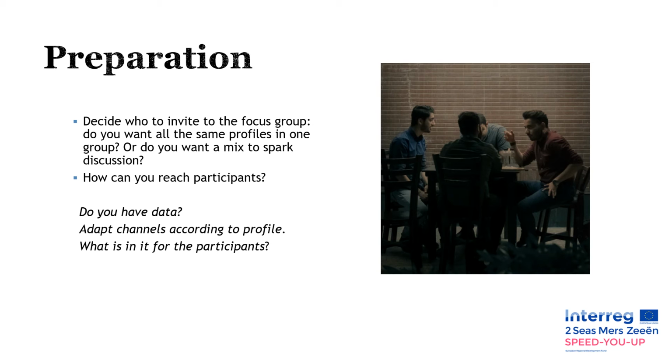So if you want to find elderly people to come to your focus group, Facebook is normally not the way to go, so then you maybe have to make little flyers and share them on the street. But if you want to reach youngsters, then you can definitely use social media. It's something you also have to think about when you start your business. Choosing the channels that your participants are active on is something you have to think about.